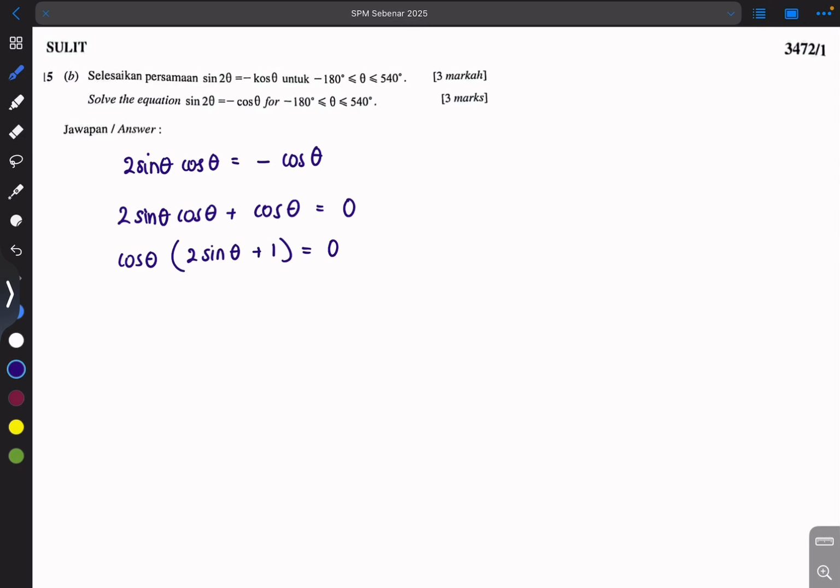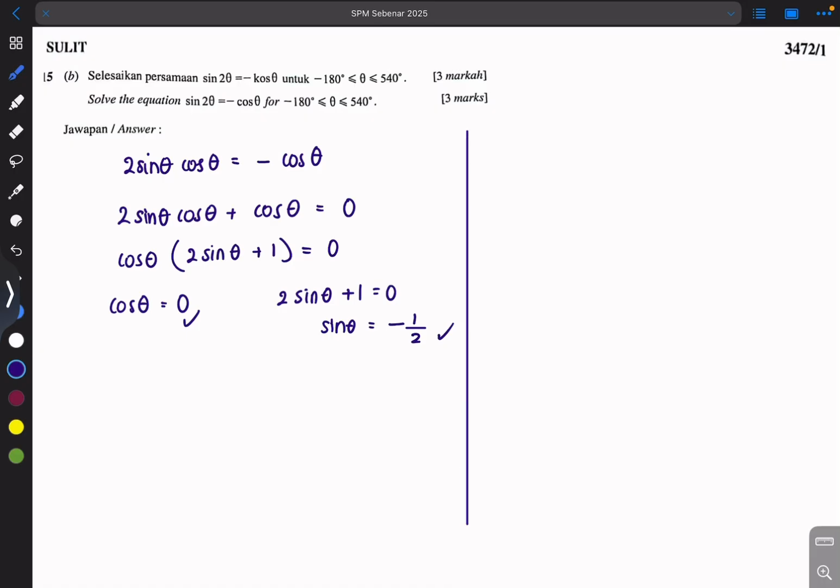So cos theta equals to 0 and 2 sine theta plus 1 equals 0. So sine theta is negative 1 over 2. For this we have to solve separately. To be honest, I think this question really deserves more than 3 marks.